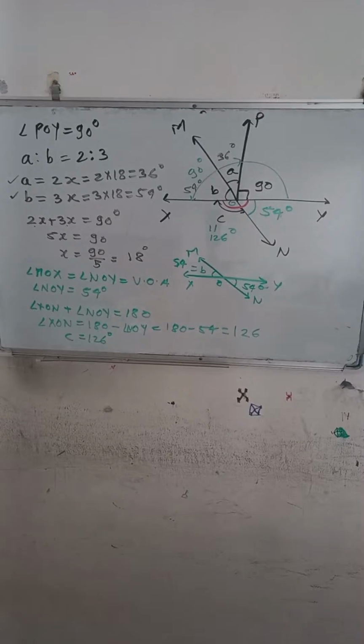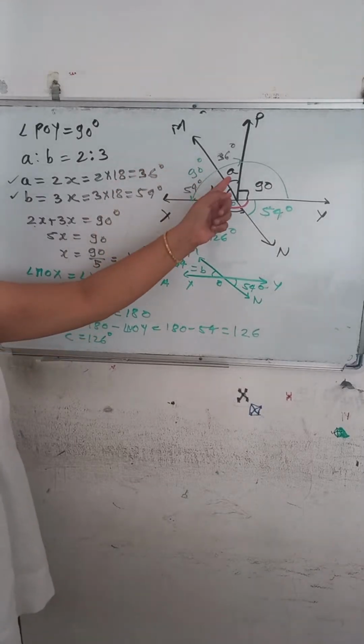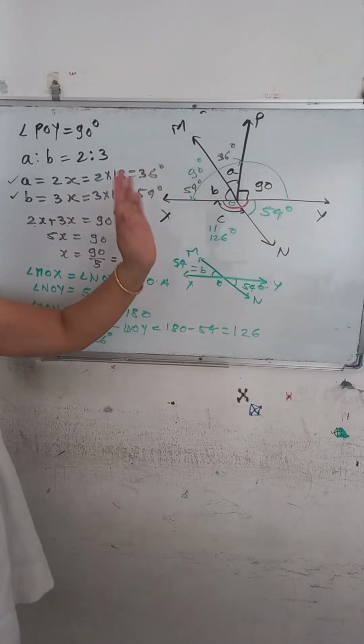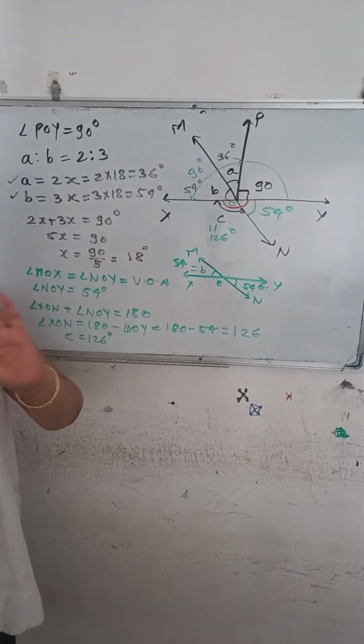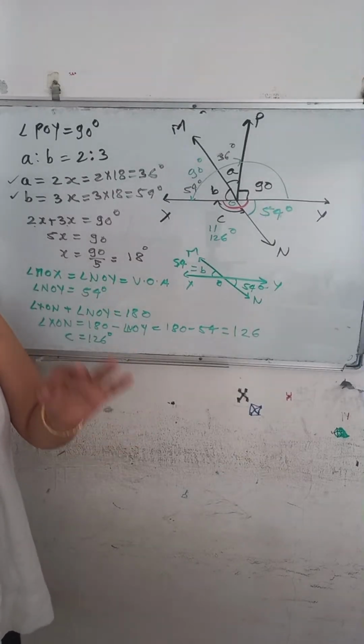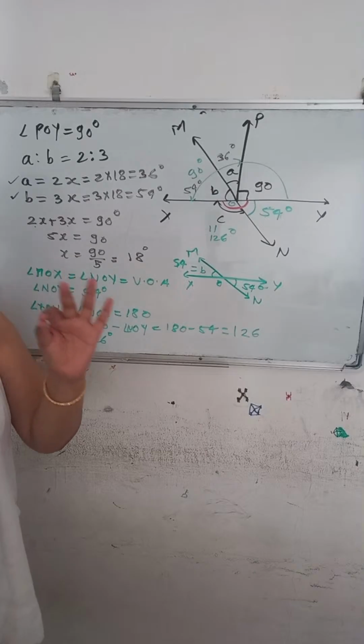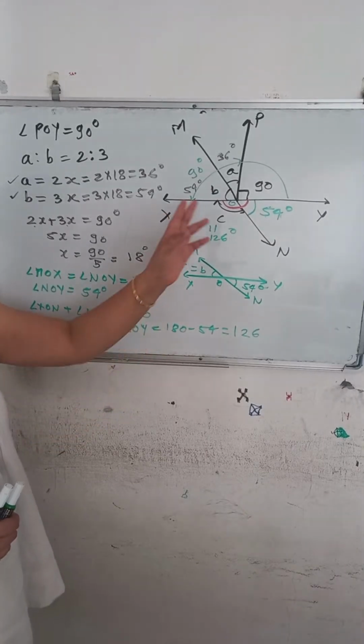So the concepts used here are angle bisector, linear pair and vertically opposite angles. Very important thing is that the angle ratios are given, but the angles are not mentioned. Their angle value ratios are given, so you have to assume each angle as x and take their sum.